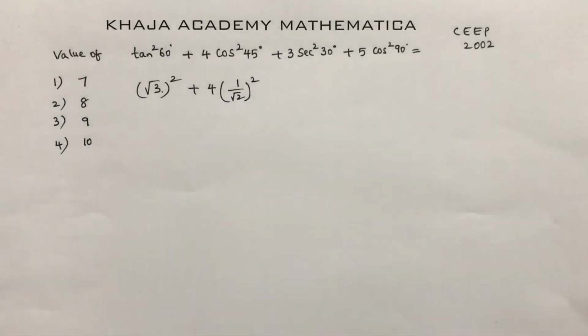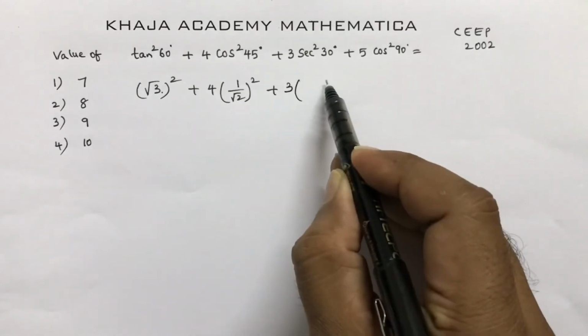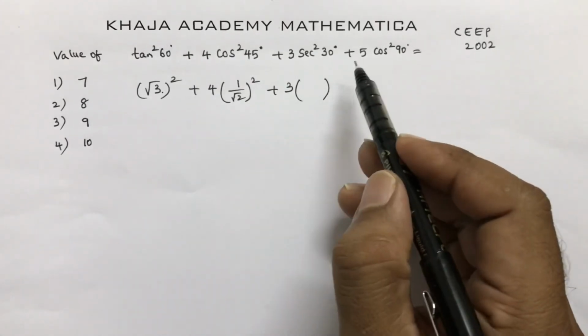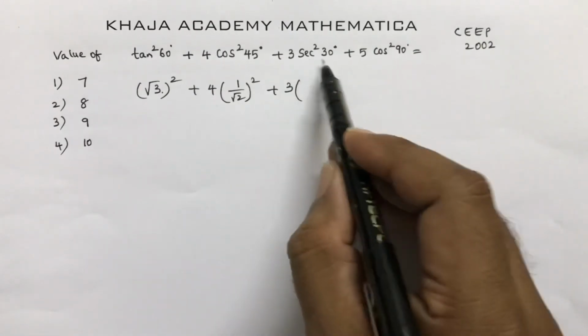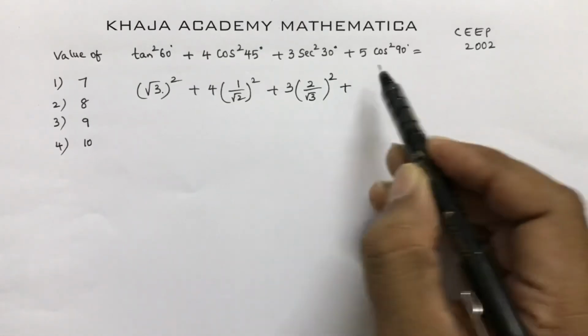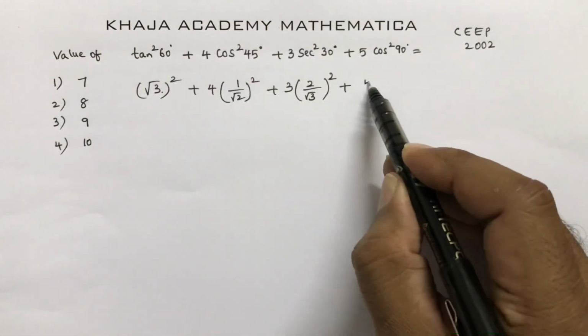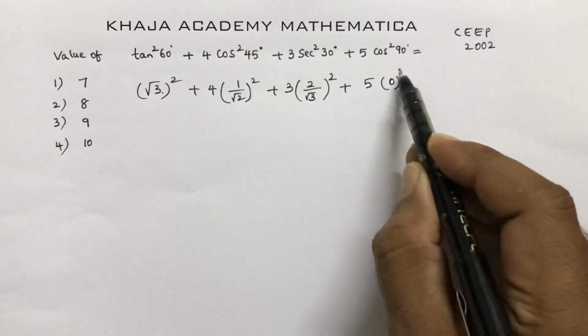Cos 45 is 1 by root 2 whole square. 3 sec 30. Sec 30, if you know the cos 30 value, you can write the reciprocal. So cos 30 is root 3 by 2, so sec 30 will be 2 by root 3 whole square, plus 5 cos square 90. Cos 90 value is 0 square.